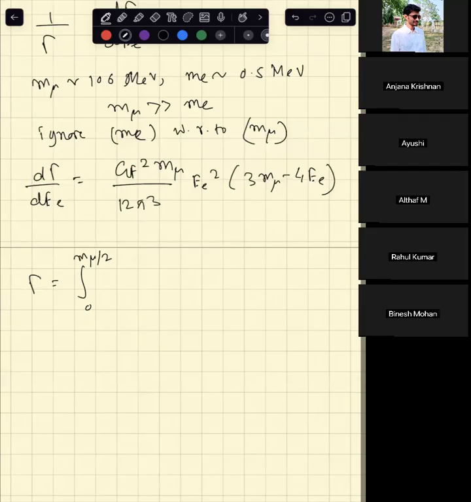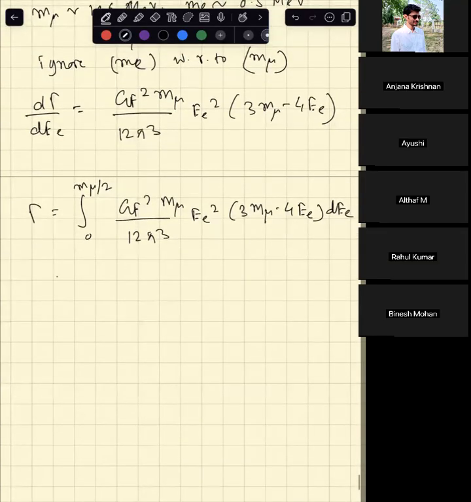So we integrate G_F squared M_μ by 12π cubed, E squared (3M_μ minus 4E) dE, and this is nothing but G_F squared M_μ to the power 5 by 192π cubed. So this is the total decay width.